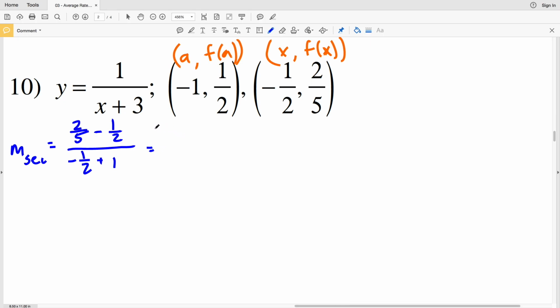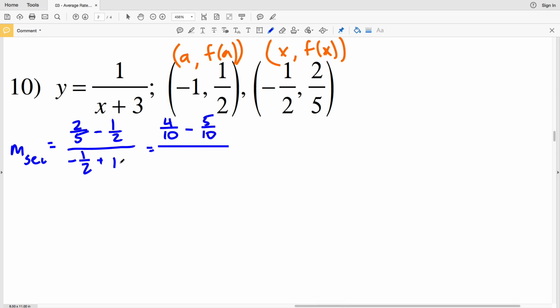2/5 minus 1/2, I'm going to write these with a common denominator in my numerator. So 2/5, I'll multiply that by 2 over 2 to get 4/10, and I'll be subtracting 1/2, which in terms of tenths, multiplying by 5 over 5, that'll be 5/10.